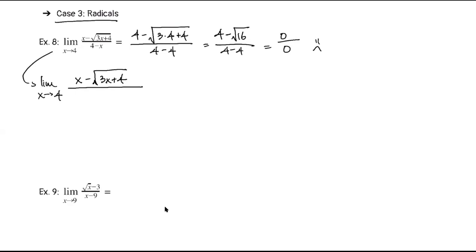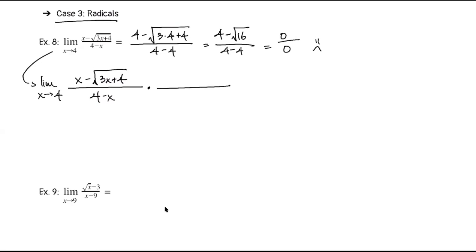So all I'm doing right now is copying down my original problem. Now we're going to multiply by 1. And this is going to be the fanciest 1 you ever did see.